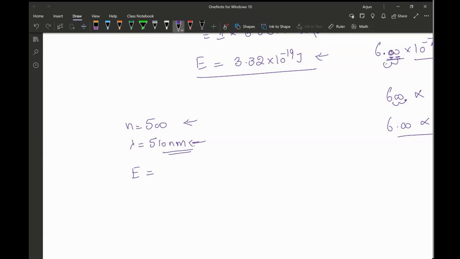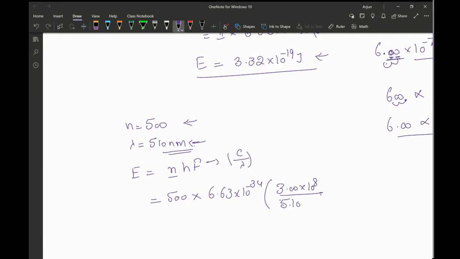So energy value will be equal to, again, nhf. In this case, n value will be 500 multiplied by h value 6.63 times 10 raised to the power negative 34, and frequency I can convert into c upon lambda. So c value is 3.00 times 10 raised to the power 8 divided by the lambda value, which is 5.10 times 10 raised to the power negative 7.